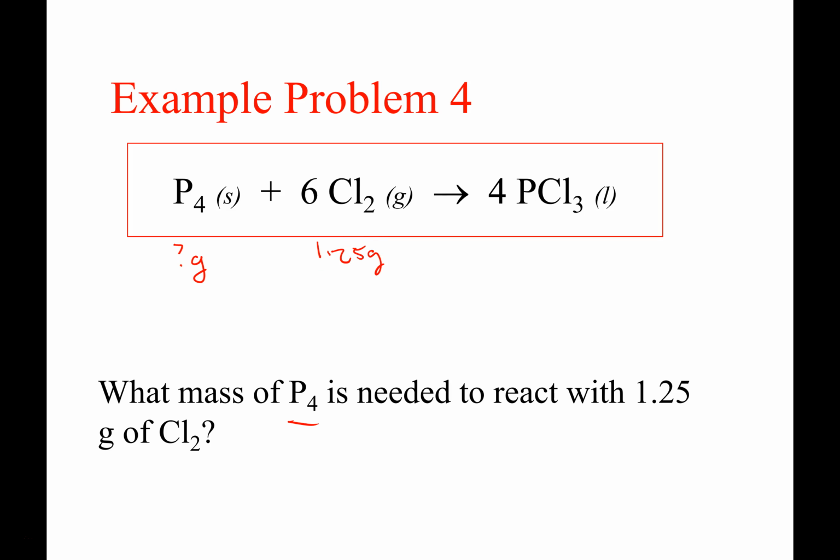On the next slide, I'm going to knock out the molar masses of everything, but I can go from grams of Cl2 to moles of Cl2 using its molar mass. Then I can go from moles of Cl2 to moles of P4 using the stoichiometric ratio. And then I can go from moles of P4 to grams of P4 using its molar mass.